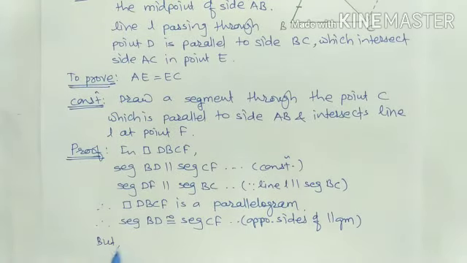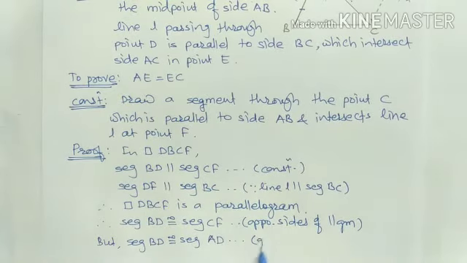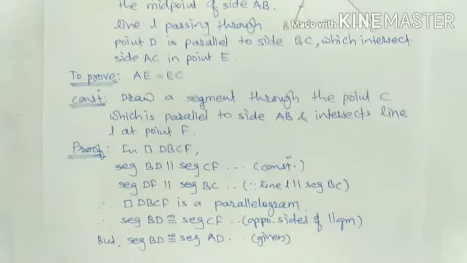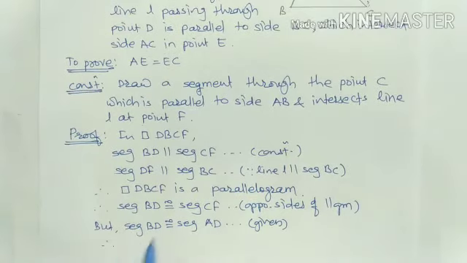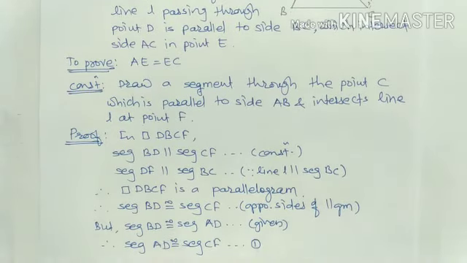But seg BD is congruent to seg AD, it is given because D is the midpoint of seg AB, and therefore seg AD is congruent to seg CF. Let us give this number 1.